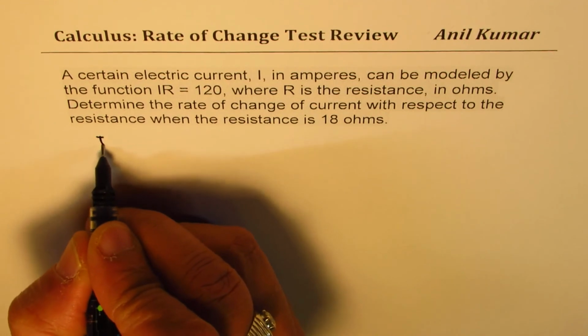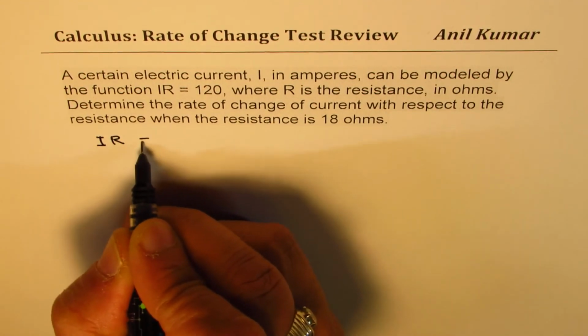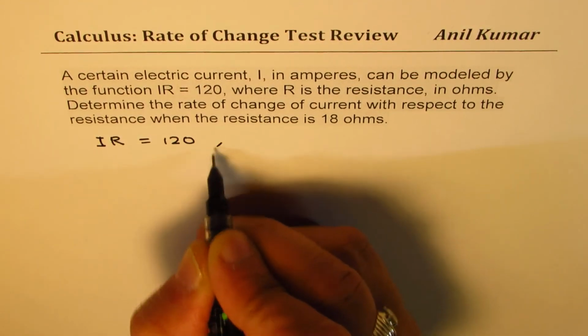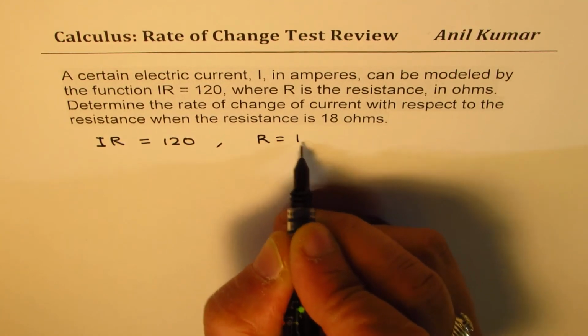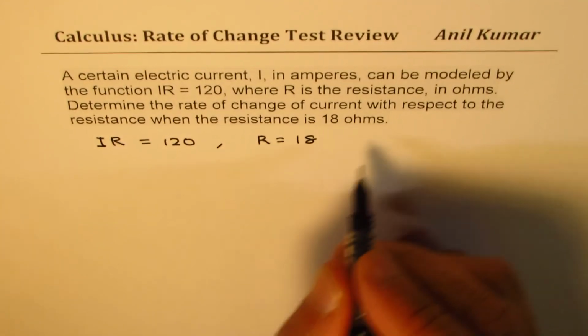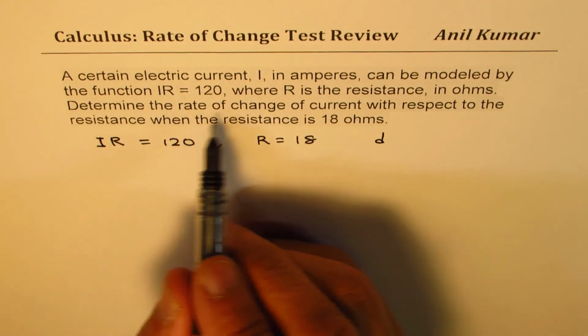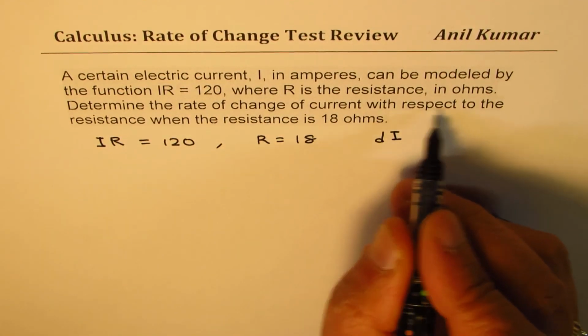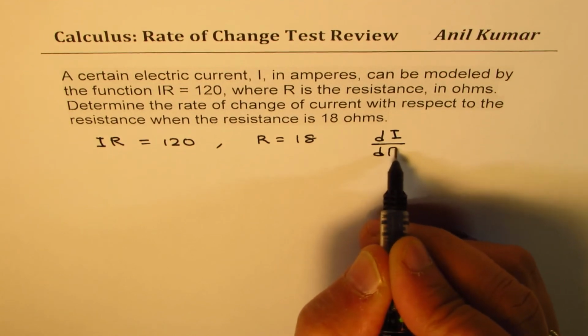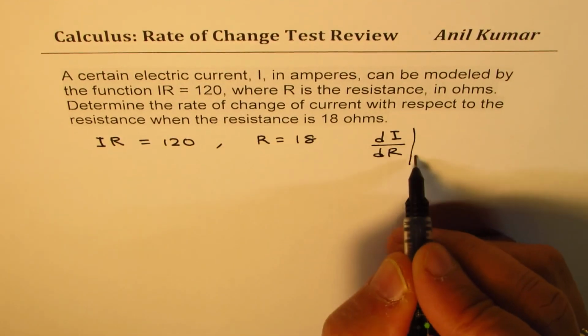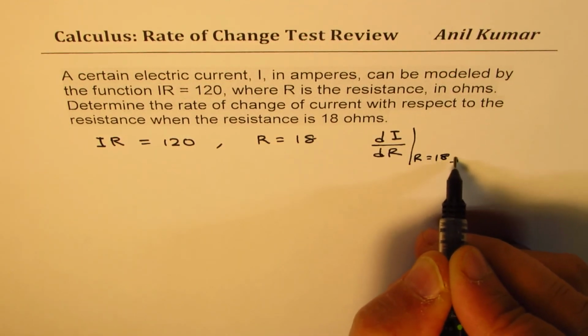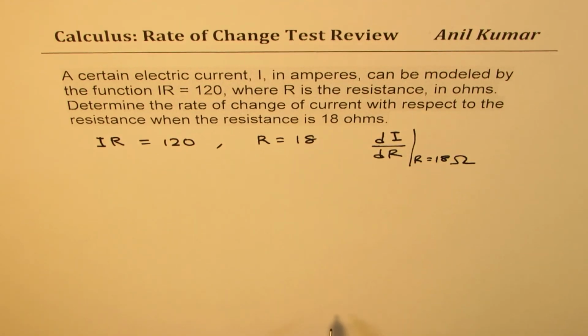So we are given a relation: I times R is 120. We are given resistance of 18, and we need to determine the rate of change of current with respect to resistance when resistance is 18 ohms. So that's the question for you.